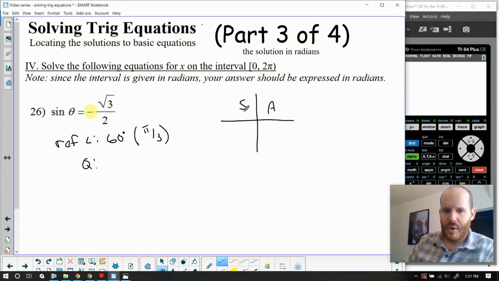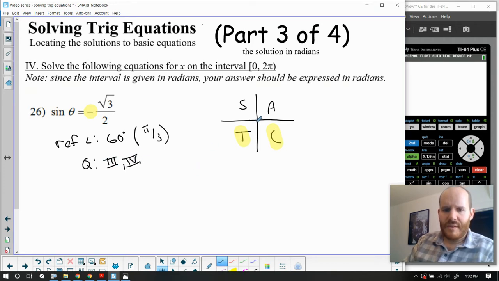In the ASTC acronym for remembering the signs: all values positive, sine positive, cosine and tangent positive, tangent positive, cosine positive, sine and tangent negative. The two quadrants in which sine is negative are the third and the fourth. So I could be in quadrant 3 or 4.